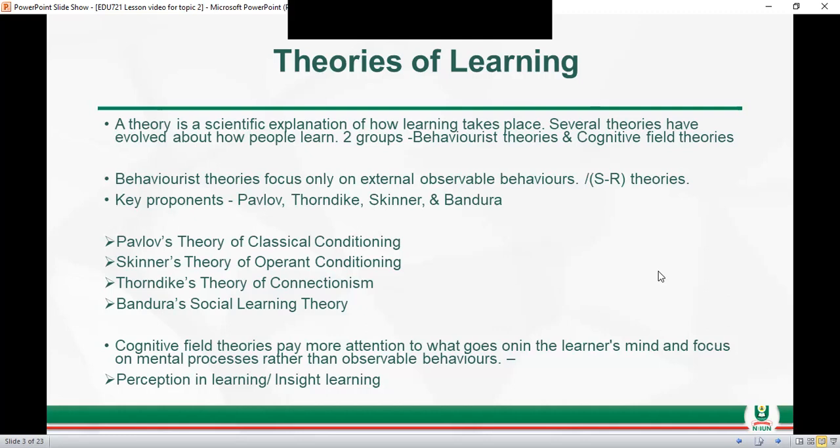The type of learning that they conceptualize is known as insight learning. We're going to be looking at all of this. But first of all, for this lesson, we are focusing on Pavlov's theory of classical conditioning and Skinner's theory of operant conditioning.